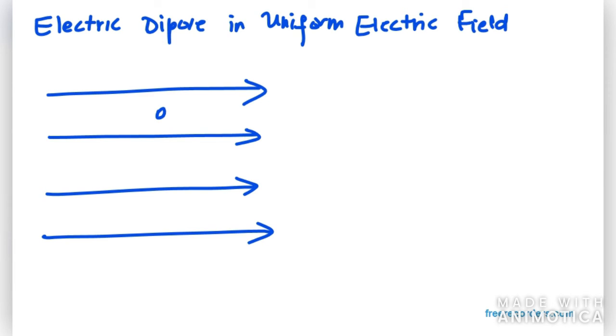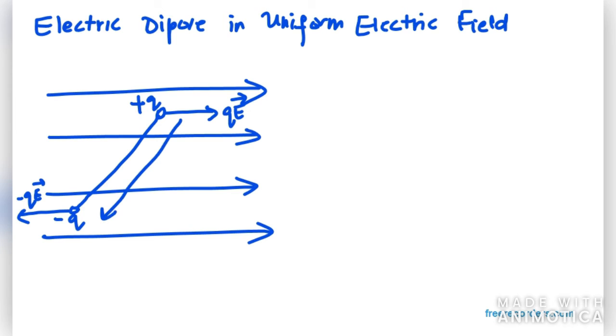So suppose we have a positive Q charge here and a negative Q charge here. The direction of electric field is in this direction, so force will be in this direction for positive Q. Now for negative Q, it will be in this direction. That will be minus QE. Now the distance between them is again 2A.